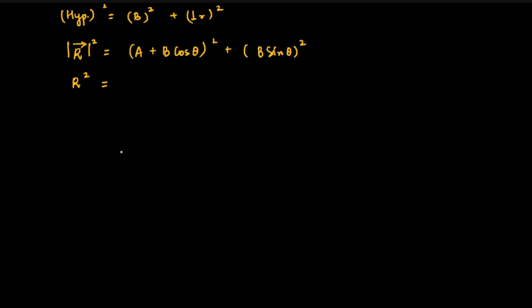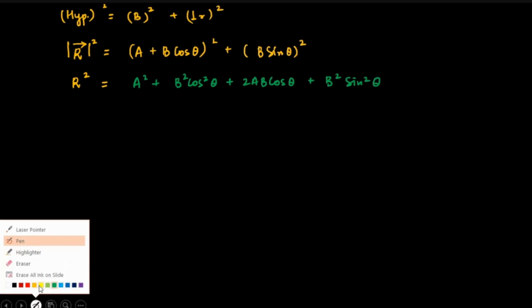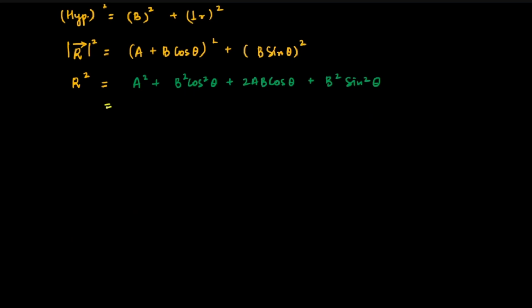So we'll solve this relation. What is A plus B cos theta whole square? A squared plus 2ab cos theta plus B squared cos squared theta, plus B square sine square theta. This is what we get when we open the whole square bracket.